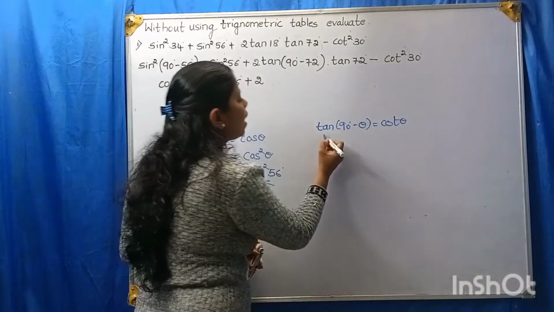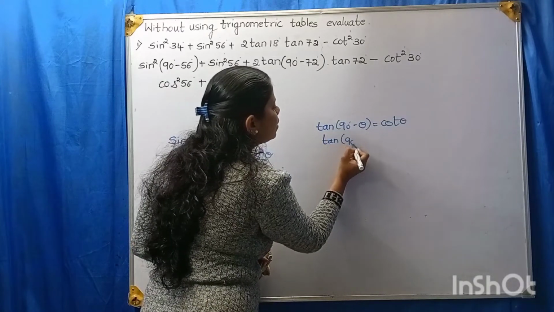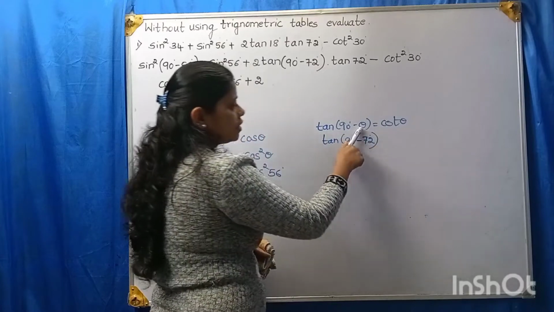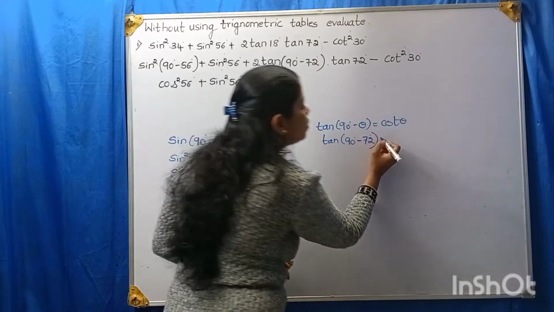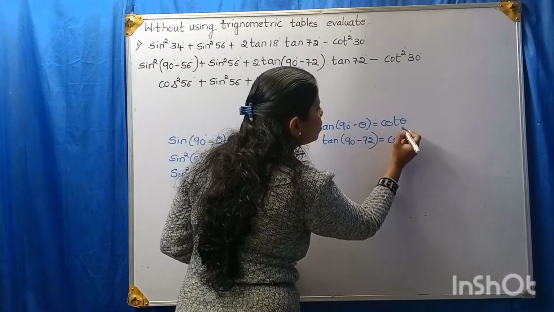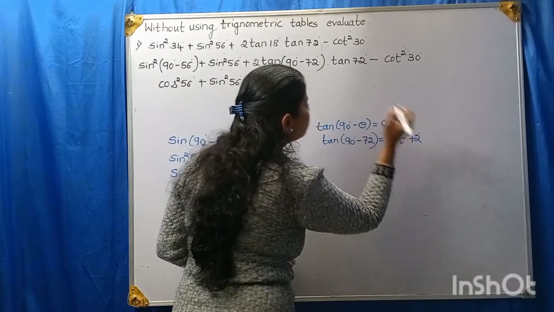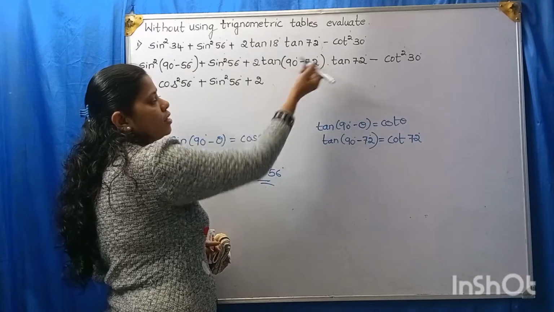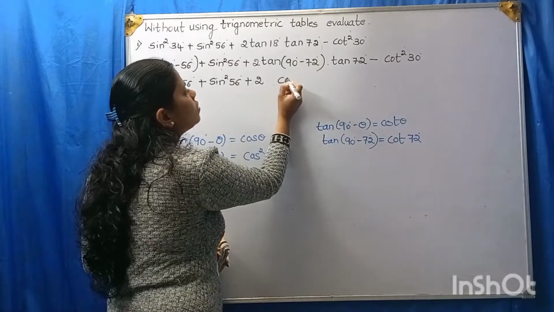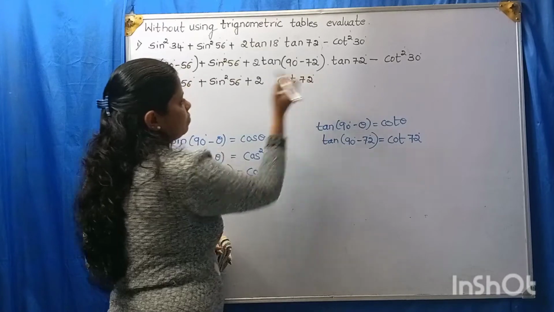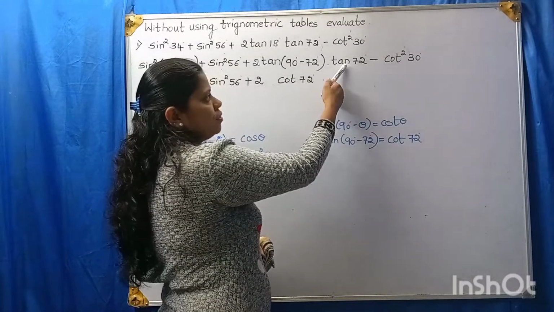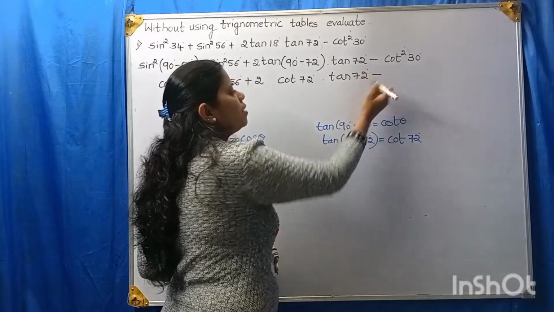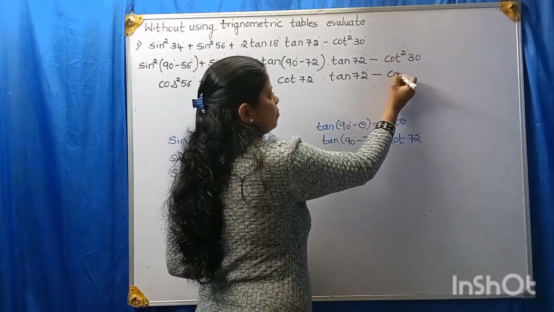Here we have tan 90 degree minus 72 degree, means in the place of theta we have 72 degree. Therefore we can write cot 72 degree. Tan 90 degree minus 72 degree can be written as cot 72 degree into tan 72 degree, minus cot square 30 degree.